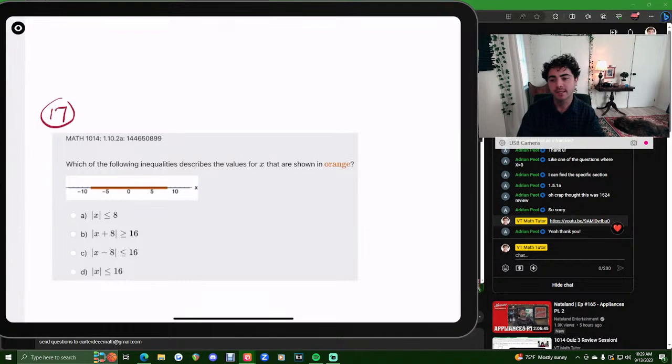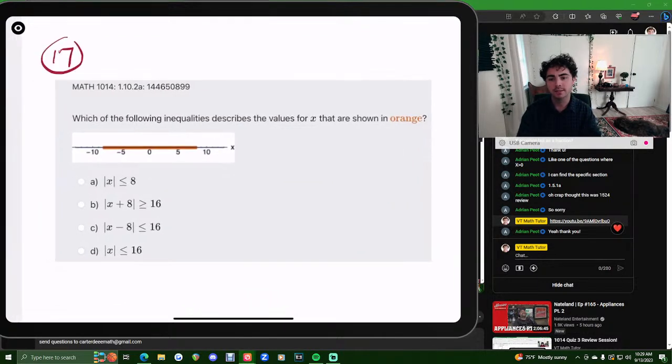Number 17, they say, which of the following inequalities describes the values of x that are shown in orange? First thing to identify, in my opinion, is probably the center of this interval. And so this interval is ranging from negative 8 to positive 8. That's convenient.